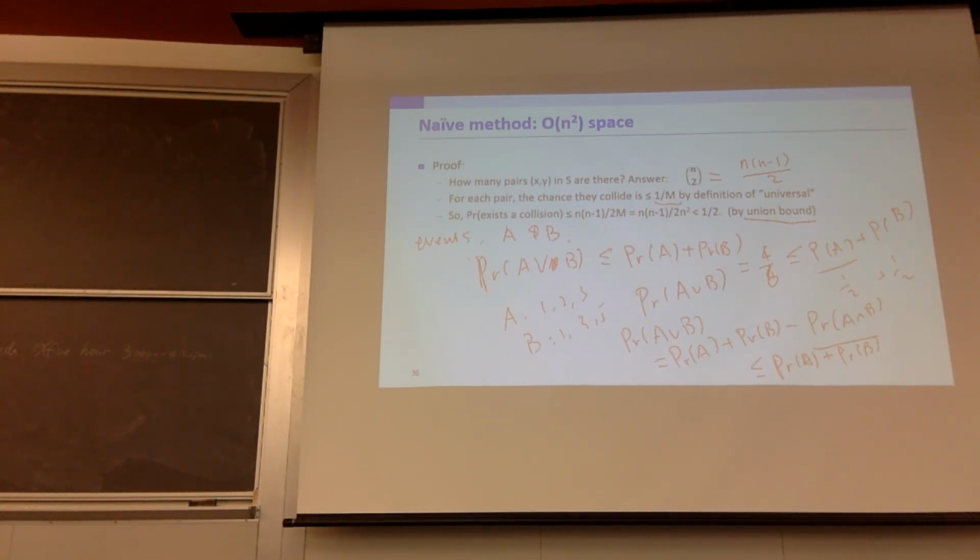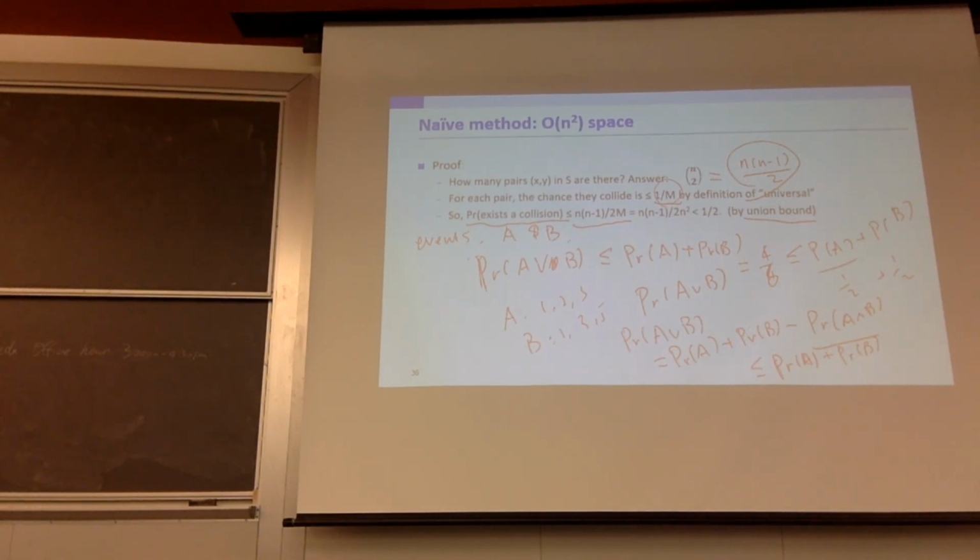So the probability that there is any collision is smaller than or equal to the sum, over every pair, of the probability that that particular pair collides. Since you have this many pairs and each has this probability of colliding, the total sum is n choose 2 times 1 over n.